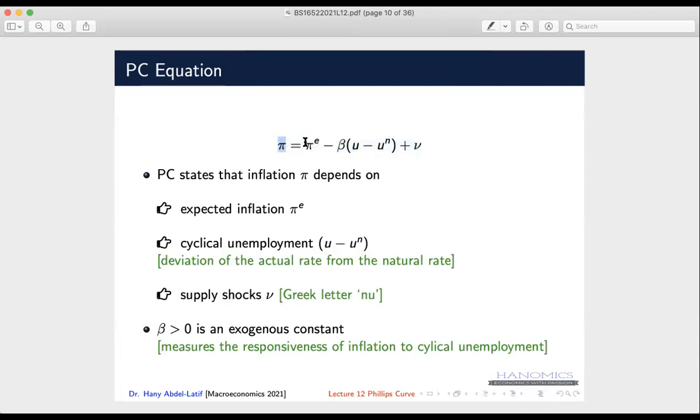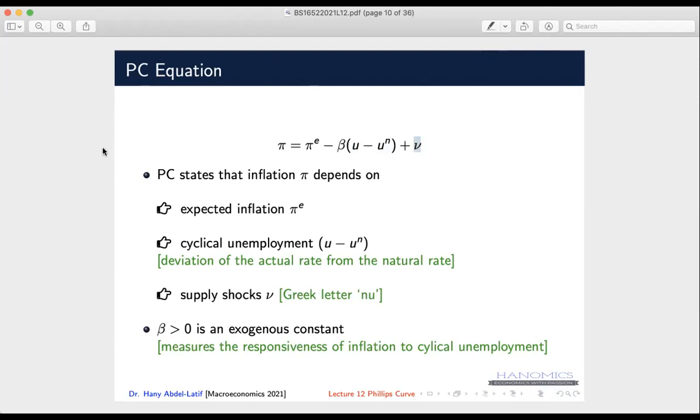Here, inflation, pi, depends on expected inflation, or expectations about inflation. And this term here is basically cyclical unemployment, the deviation of the unemployment rate from its natural rate, plus some term which represents supply shocks. So this is what the Phillips curve suggests.